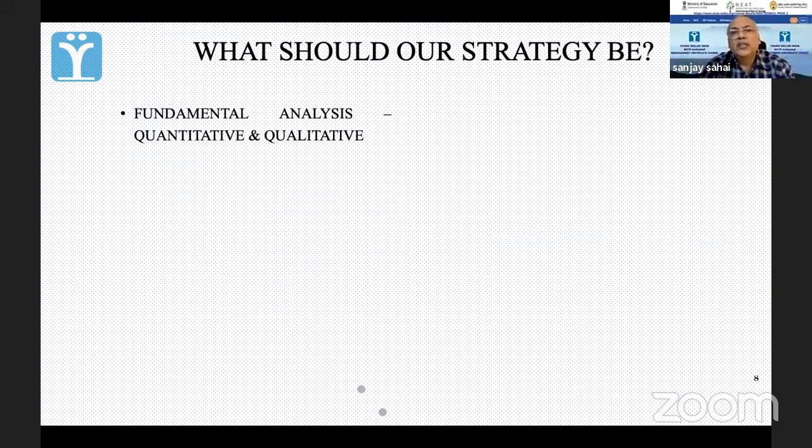Have they issued more shares, or is it stable? You'll be able to see how the reserves have increased. Reserves, remember, are the profits which were not distributed as dividends, whatever was retained by the company. Have the reserves increased over the last 10 years? If they are increasing, that's a good sign. The company is doing pretty well.